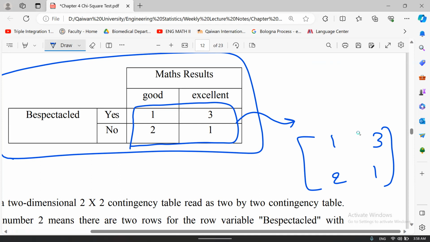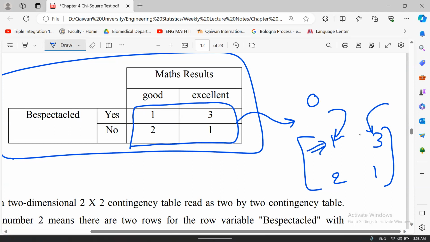Okay? Look, the data which are given are the observed frequencies. It's similar to the previous. The frequencies given in the example are the observed frequencies. And this one is O of what? What's the index of this element?